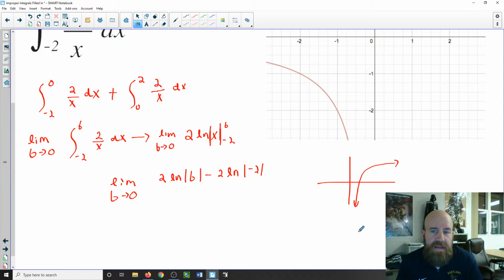The function is going down. Remember, there's an asymptote here. We are going to -infinity. So this is -infinity, this is a finite value, but it doesn't matter. As soon as we have that infinity or -infinity, we can say that this is divergent.